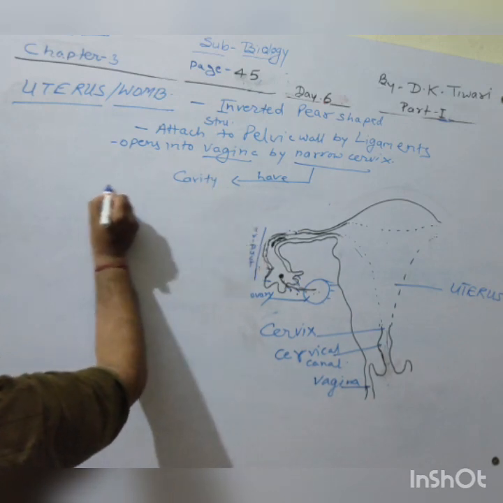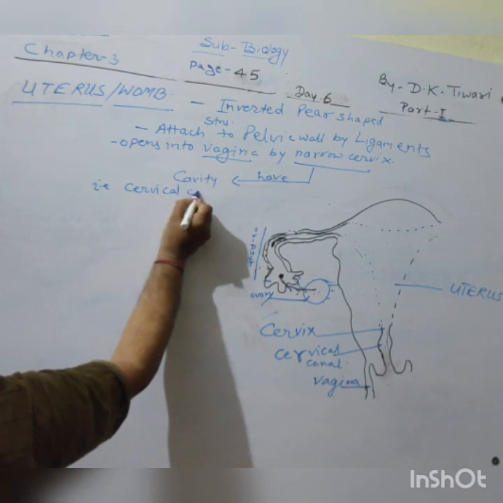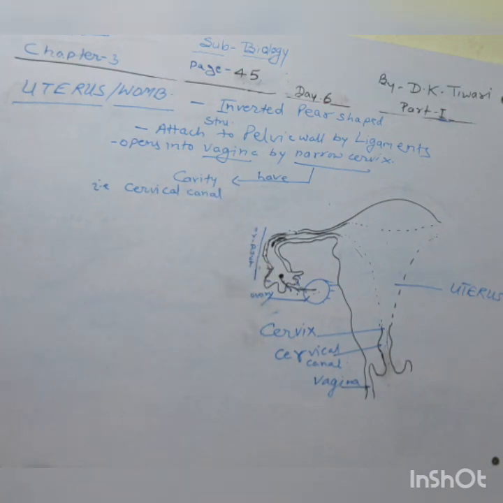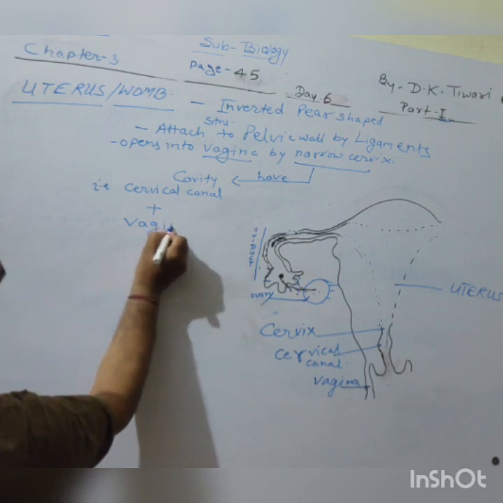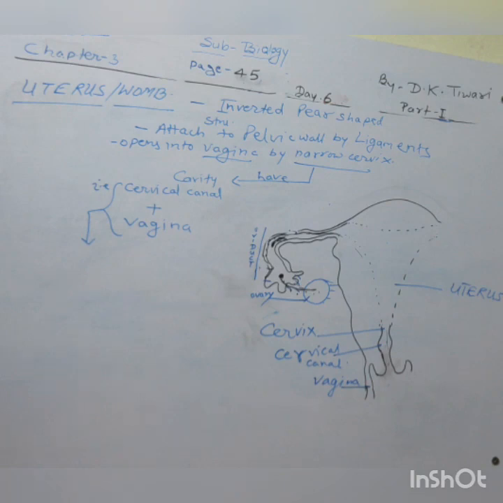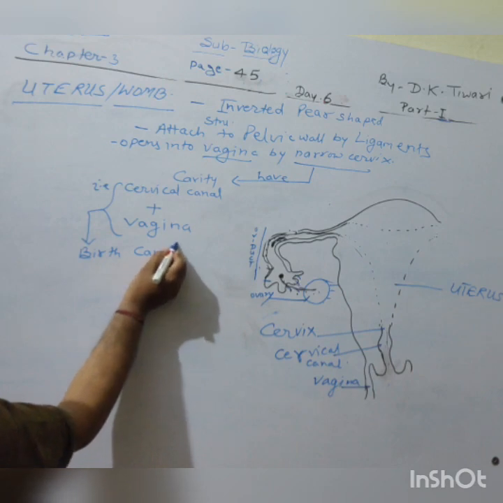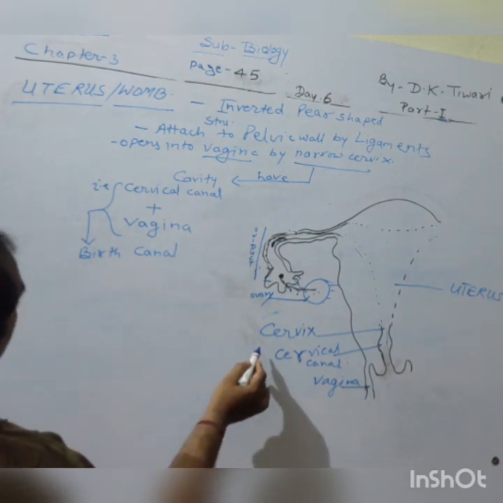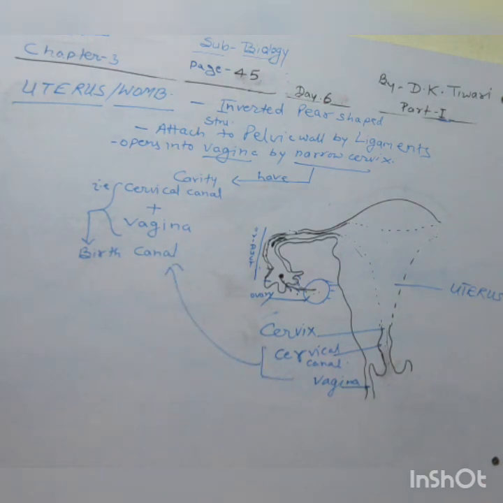That is the cervical canal, a canal like structure, and this cervical canal together with the vagina makes the structure called the birth canal. So the cervical canal and vagina together make the birth canal. This has to be remembered.